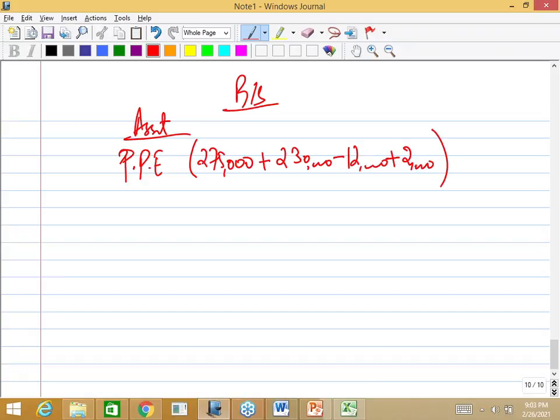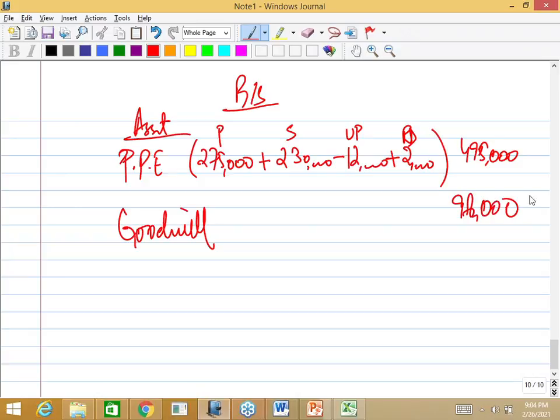So now what I have done, I took the value of the parent company's non-current asset, then the subsidiary company's, then the profit that we have earned, which will be considered as unrealized profit, and the reversal of depreciation. So the total amount will be 4,95,000. Then you need to report the goodwill figure, which is 98,000. Wonderful.